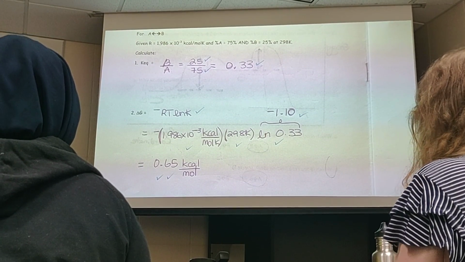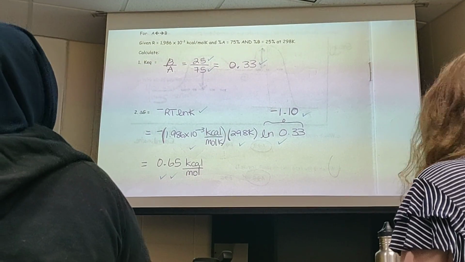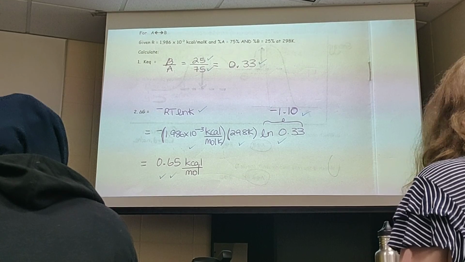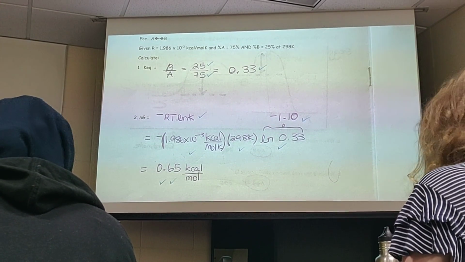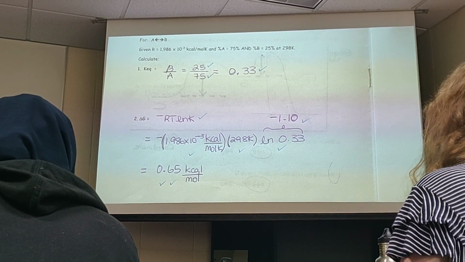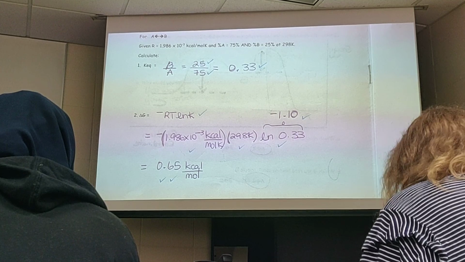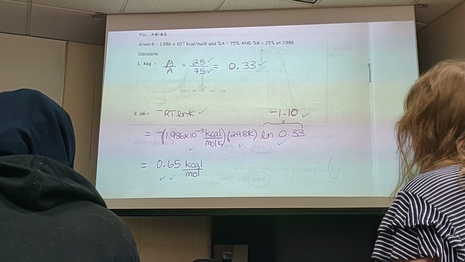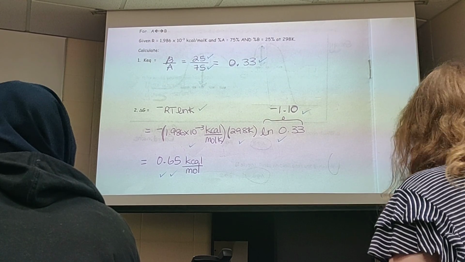And so this one, it was backwards, but you should be able to work stuff forwards and backwards, right? So the percentages, B over A, that gives you your equilibrium constant, and then you plug in your equilibrium constant to get your delta G. Questions?